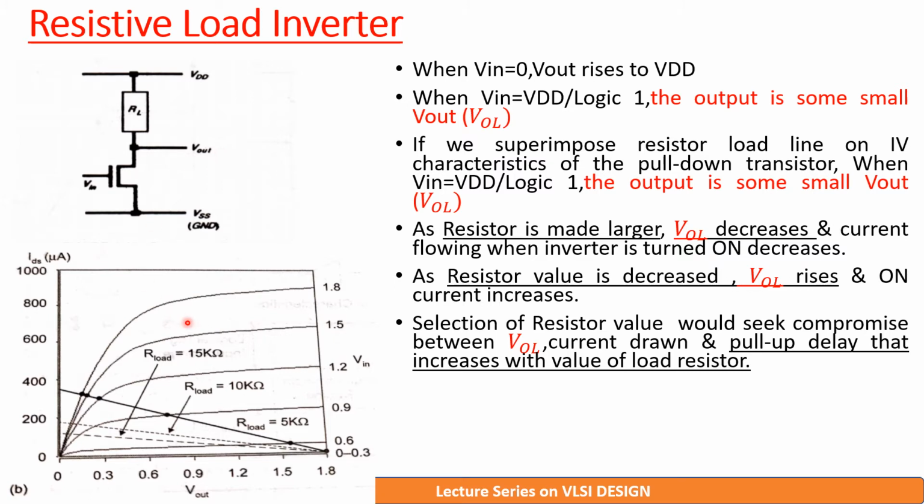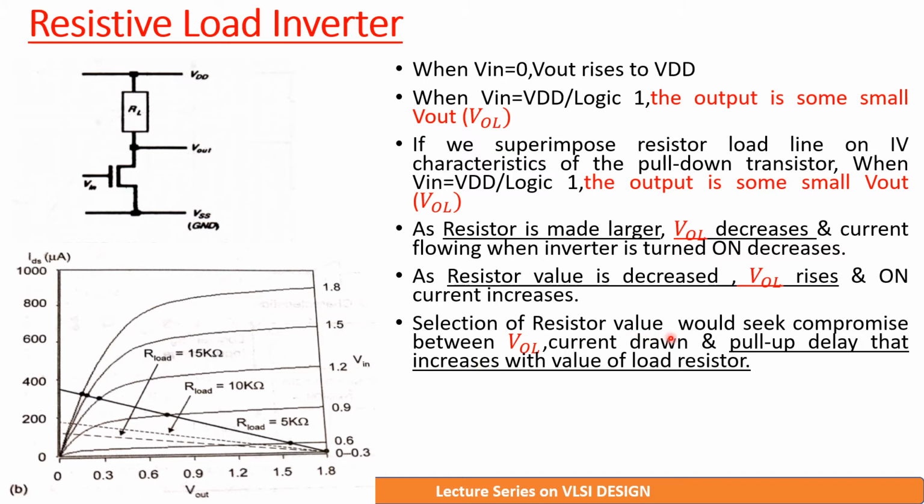If we superimpose resistor load line on an NMOS characteristics, you can observe that as we increase the resistance value, VOL decreases and current flowing through the inverter decreases, and as the resistor value is decreased, VOL rises and on current increases.